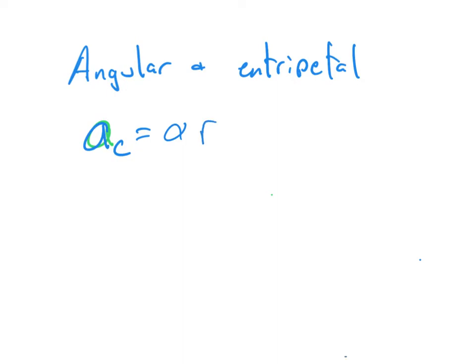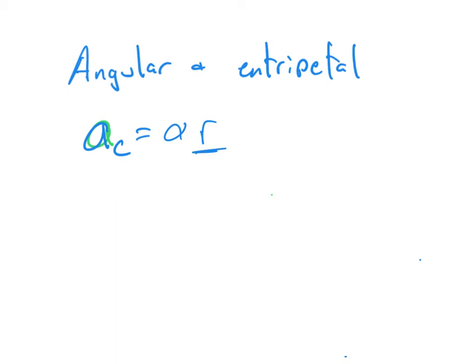So again, we see that proportional relationship between our angular quantities and our translational quantities, as they're tied together by the radius. We get further out, and that acceleration is going to be larger.